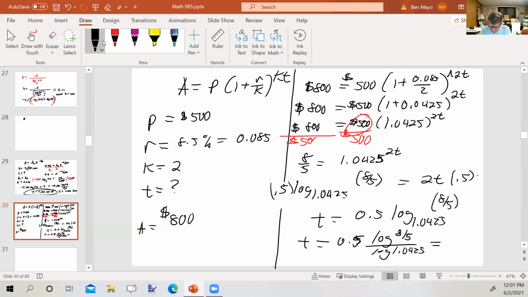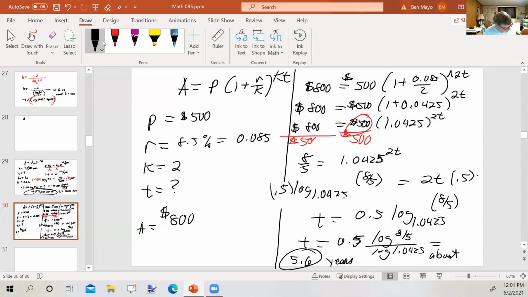Let's see what we get. 0.5 times the log of parentheses 8 divided by 5, close it up, divided by the log of 1.0425, close it up, push equals, and I get about 5.6 years. It comes out to 5.6461, et cetera, but they rounded to the nearest tenth of a year. Okay.